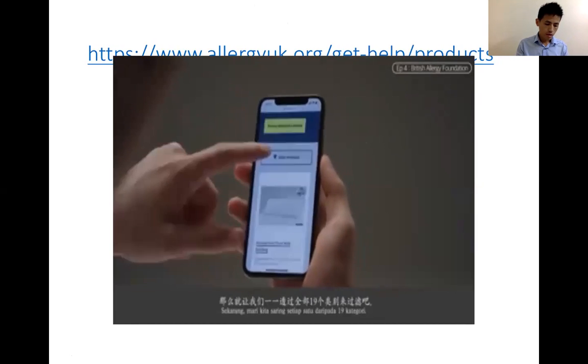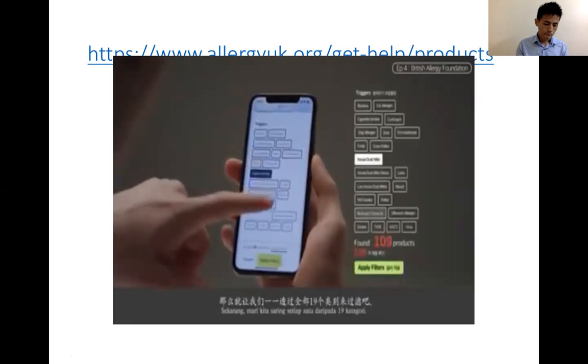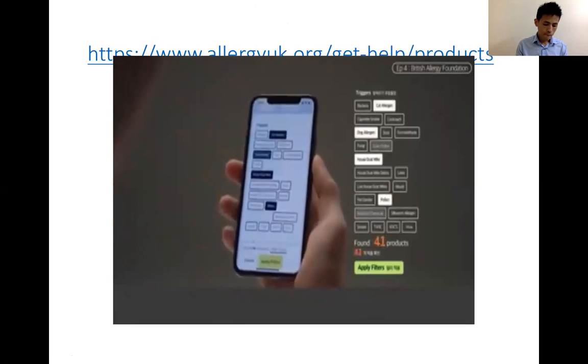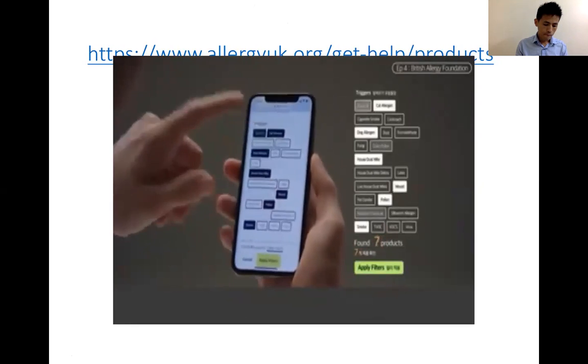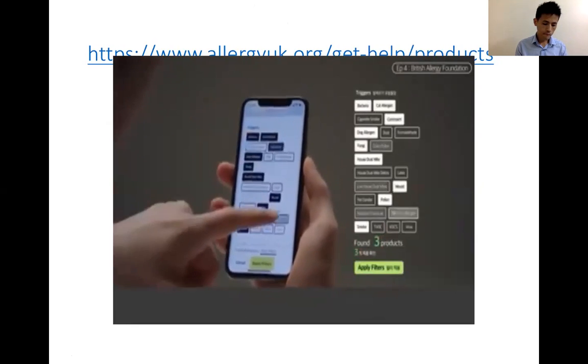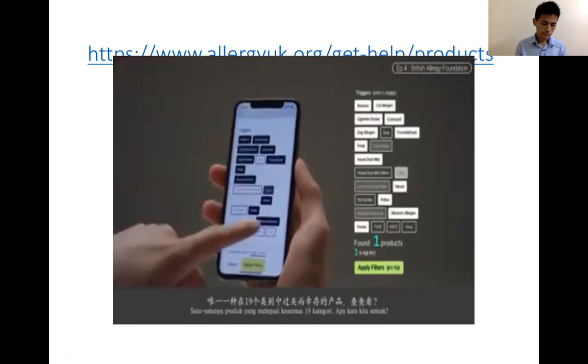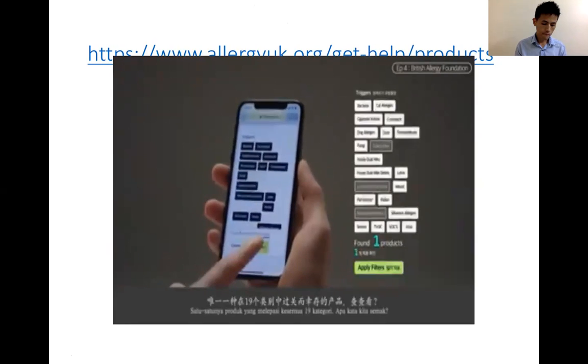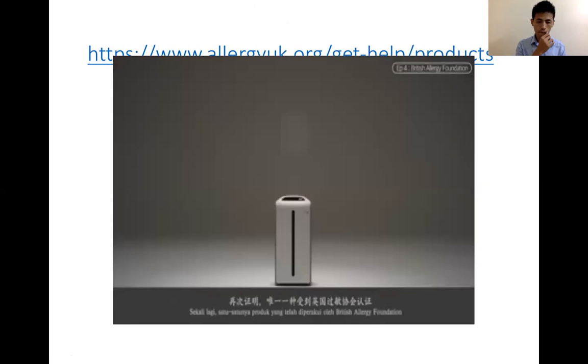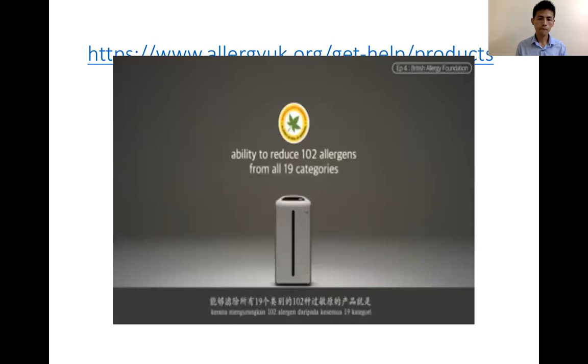Now then, let's filter through each of the 19 categories. The one and only product to have survived all 19. Shall we check? Again, the only product to have been certified by the British Allergy Foundation for reducing 102 allergens from all 19 categories, Atmosphere Sky.